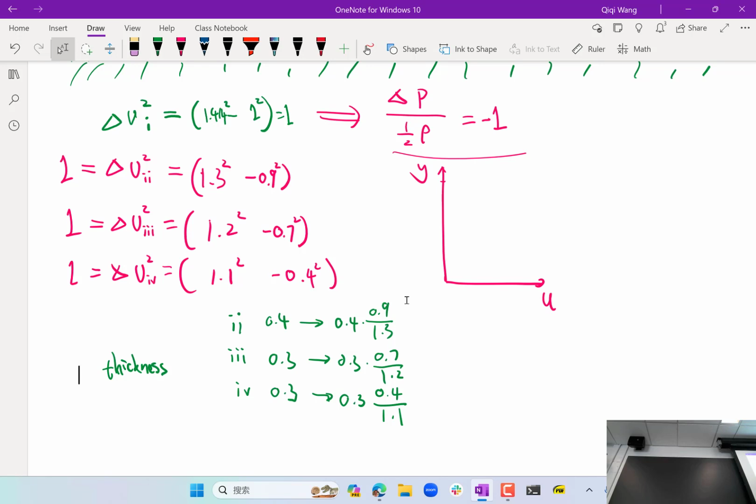So if the velocity is bigger, a plus b is bigger, and the acceleration a minus b is going to be smaller. But if the velocity is smaller, a plus b is smaller, then a minus b has to be bigger.